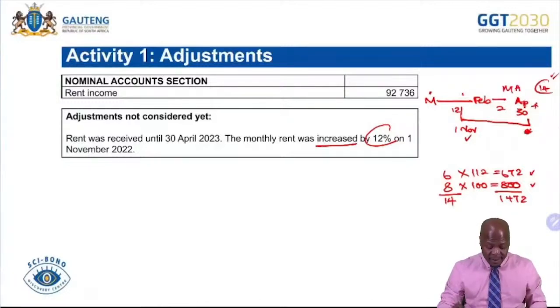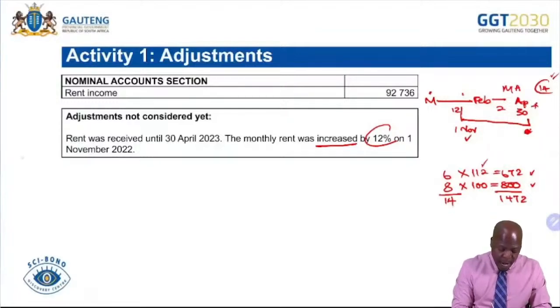It is after the increase. So it is 112 times 2 months. That will give us 224. And then your 224, you divide it by the 1472.